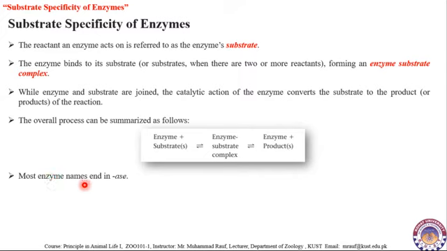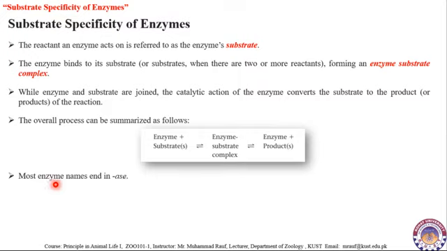Most enzyme names end in ase. So ase is a common ending of enzyme names, just like ligase, DNases, topoisomerases, helicases, lactase, etc. These three letters are usually the last three letters of an enzyme's name.